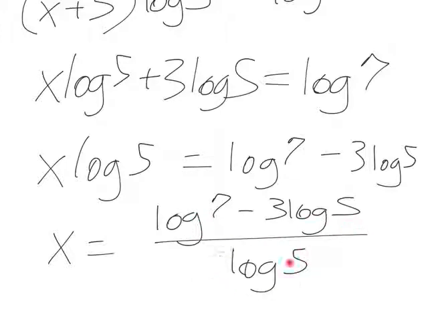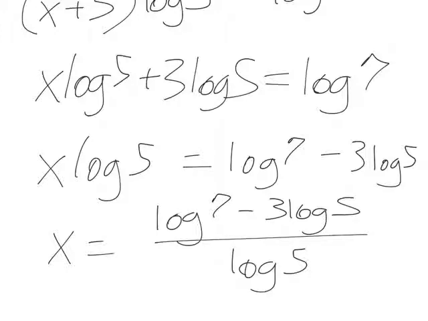I can't cancel this log and this log because this logarithm is locked to this one with that minus sign. If you have factors, if you had a product here instead of a subtraction symbol, we could do that. But we can't cancel a term. The terms are what you have when you have either subtraction or addition between them, okay? So I can't do any canceling. Really, I can't do anything.